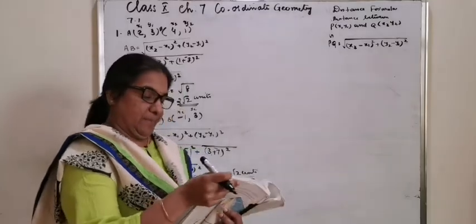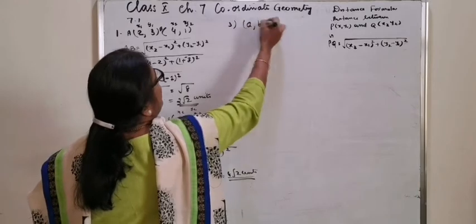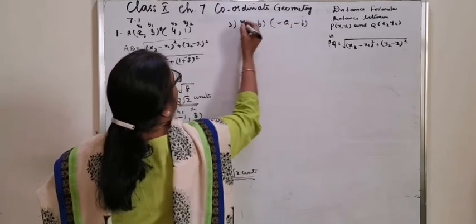Number 3. The points are (A, B) and (minus A, minus B).